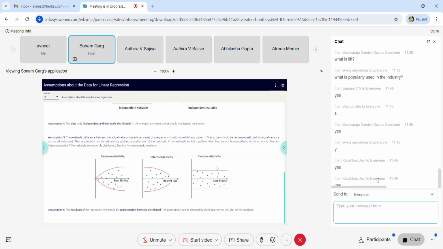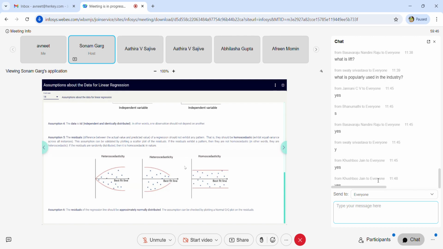And if it is not homoscedastic, if it exhibits some conical pattern, or if it totally expands or starts contracting towards the line, then we can say that the data is heteroscedastic. So regression algorithms will work well for homoscedastic data, not for heteroscedastic data. That is what we can check before implementing a regression algorithm.